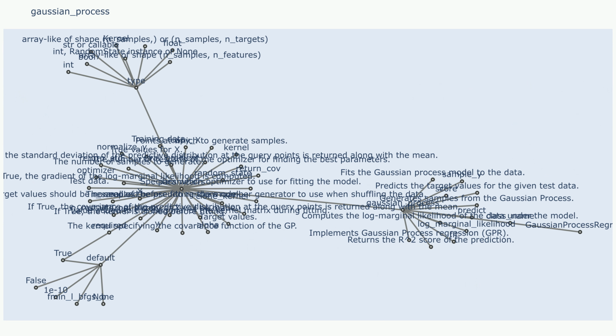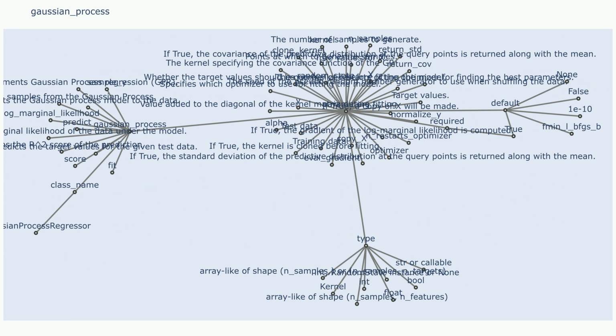Type array-like of shape n_samples, n_features. y: target values. Type array-like of shape n_samples or n_samples, n_targets. eval_gradient: if true, calculate the gradient of the log marginal likelihood. Type bool. Default false. clone_kernel: if true, clone the kernel before fitting.